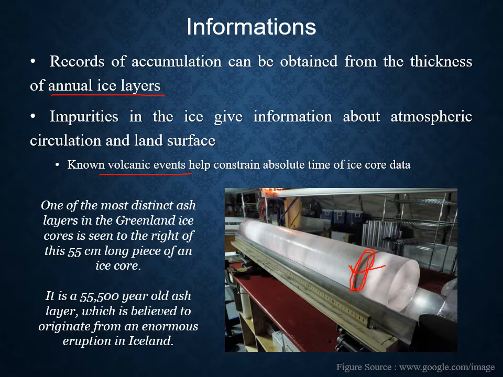Now, one of the most distinct ash layers in the Greenland ice cores is seen in this picture of a 55 centimeter long piece of an ice core, and this incident of these ancient ash layers is about 55,500 years old, which is believed to originate from an enormous eruption in Iceland.